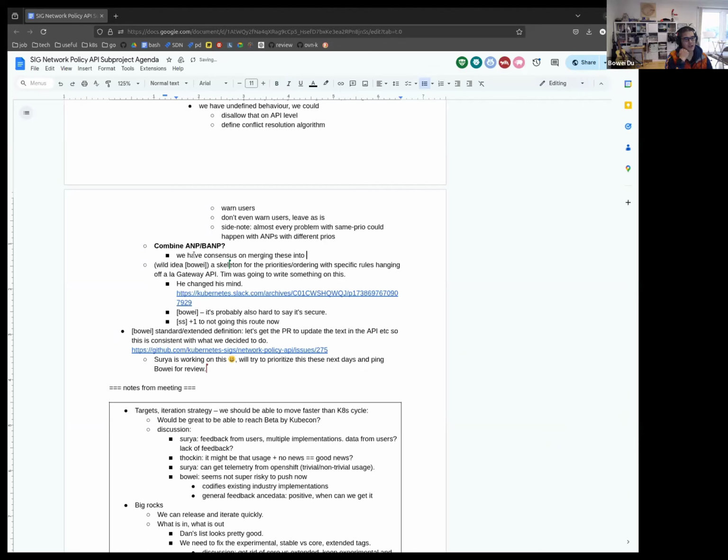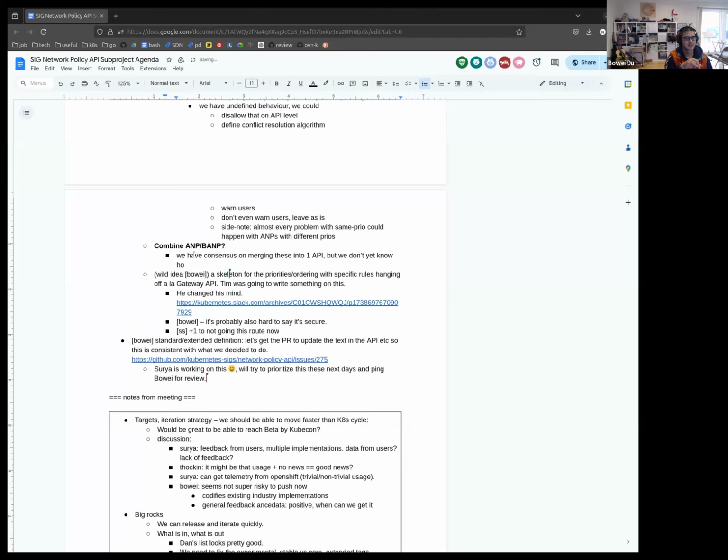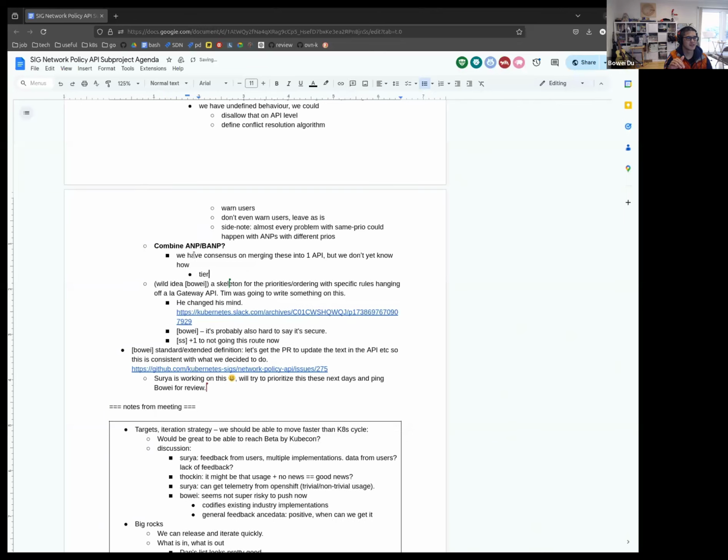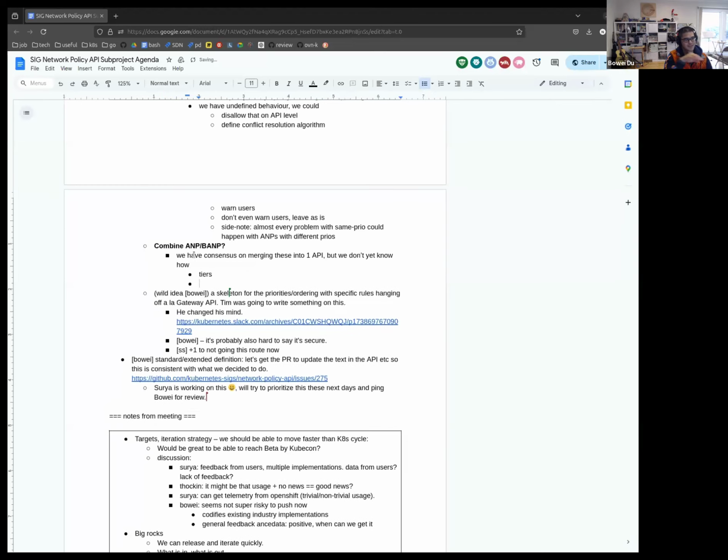At least from a behavior perspective, it sounded like standard network policy is allow, and then there's an implicit virtual one called deny if any of those network policies are configured. And then BNP would be just underneath that if nothing was there. It sounds like that's basically how it should behave.